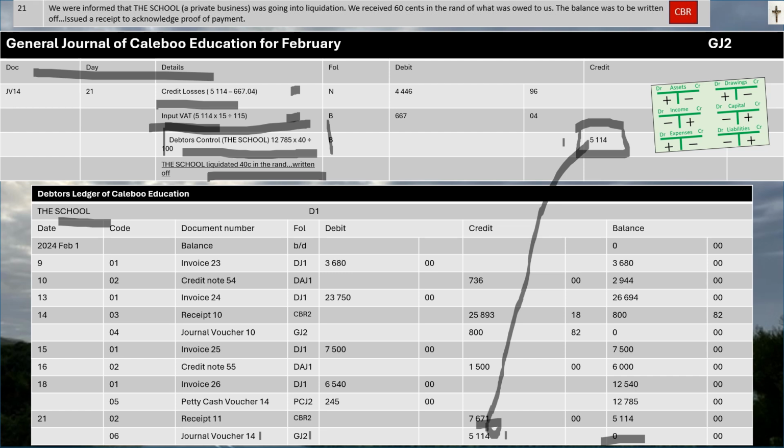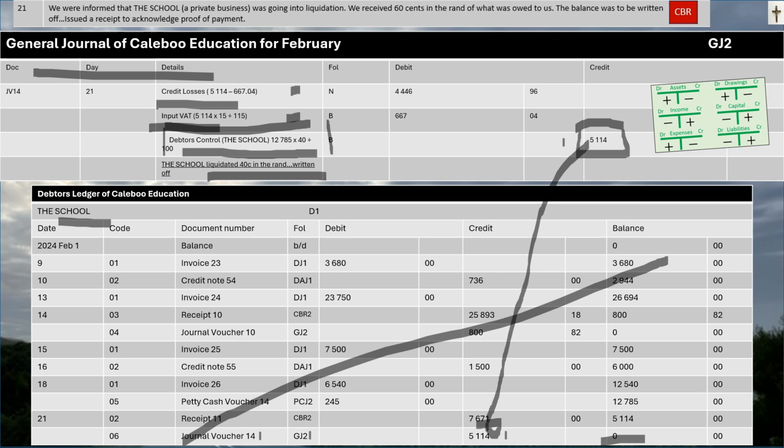Now, if the school wanted to open an account again, we most probably wouldn't do that. If you did do business with the school again, we would make sure it would be cash transactions. We wouldn't give them credit. And if we did do a transaction with the school again, this account, when a debtor has been written off, will not be used again.